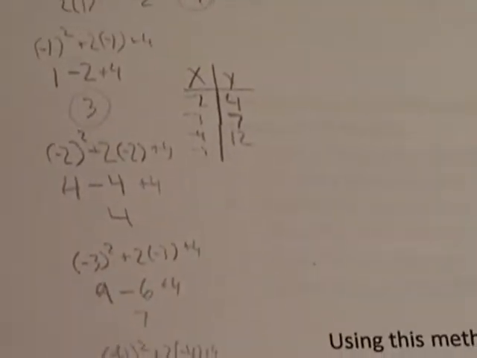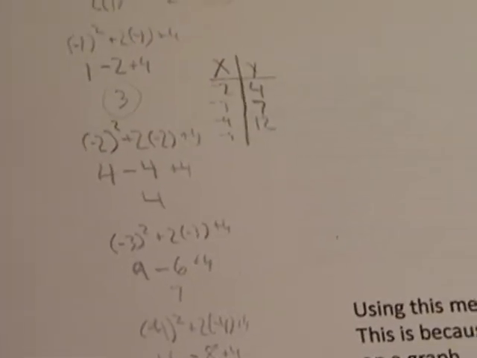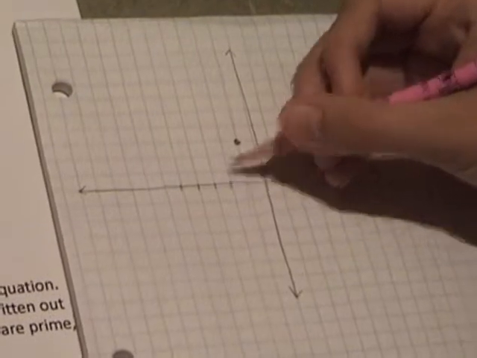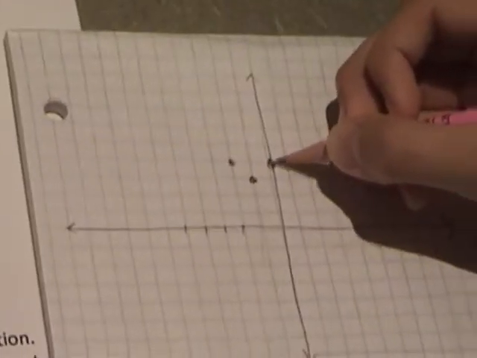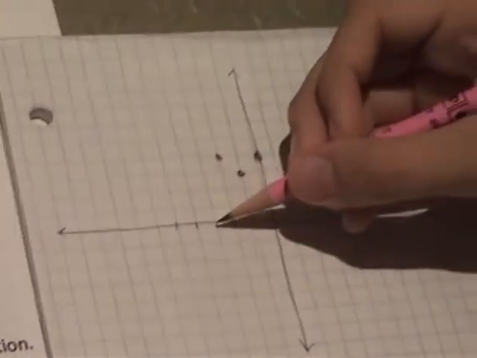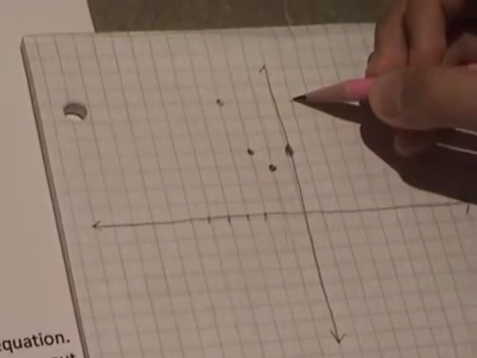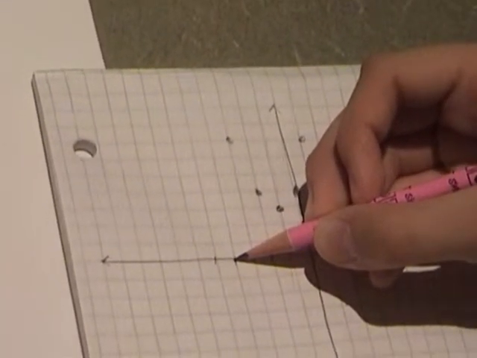Okay, now we're going to get these graphed. We have negative 2, 4. Because of the axis of symmetry, I can mirror that. Negative 3 and 7, again mirroring. Negative 4 and 12.